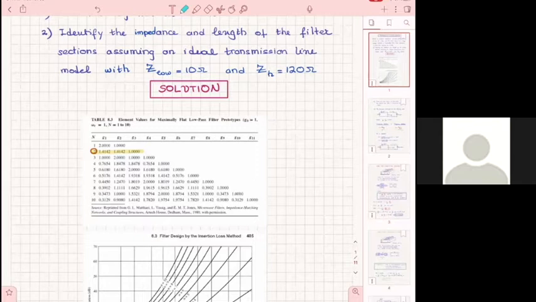This is what I asked you. And then you see for all of these, the last stage, which is g n plus 1, so g3 in this case, is always 1. All right, you see the values of all of the g n plus 1. So for a 2-stage, when n equals 2, you have G1, G2, and G3, and G3 is 1.